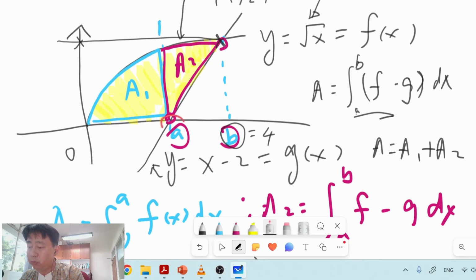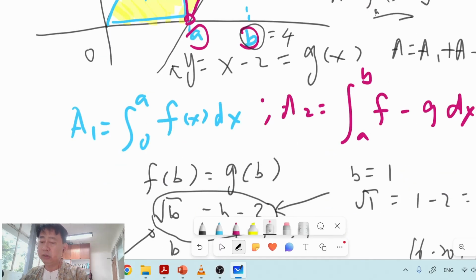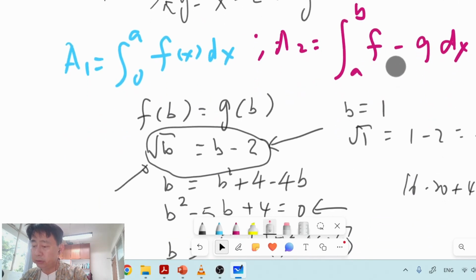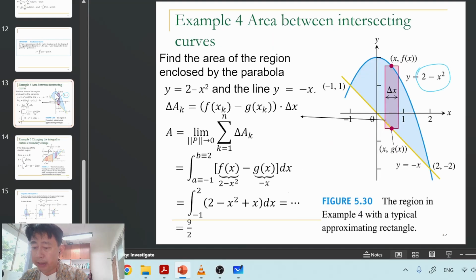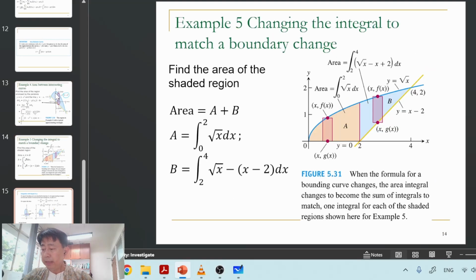So you need to know where a is and where b is. This calculation is actually a bit cumbersome. Of course, you can proceed to perform this integration, and this is just the way you obtain the solution for this example 5, and then you arrive at the correct answer when you perform the calculation in this manner.